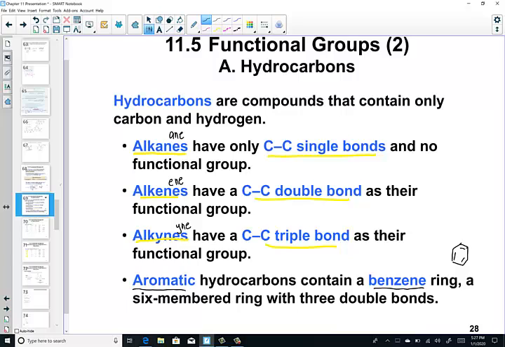Double, single, all the way around that ring. That is called an aromatic benzene ring. So we've introduced alkanes, alkenes, alkynes, and aromatic compounds. An aromatic hydrocarbon contains a 6-membered ring with alternating double single bonds known as benzene.